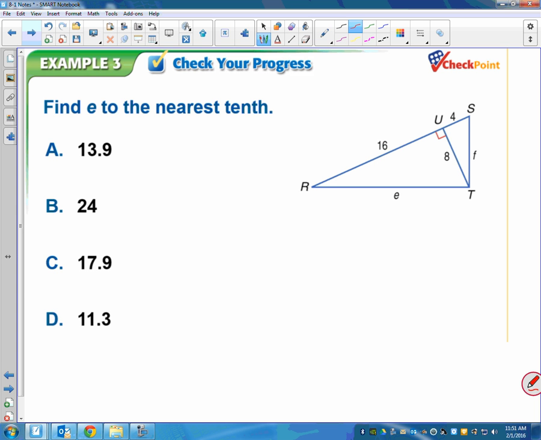I should appreciate Pythagorean theorem. You get, I mean, it's the same answer every time. It's why Pythagorean theorem works so well.